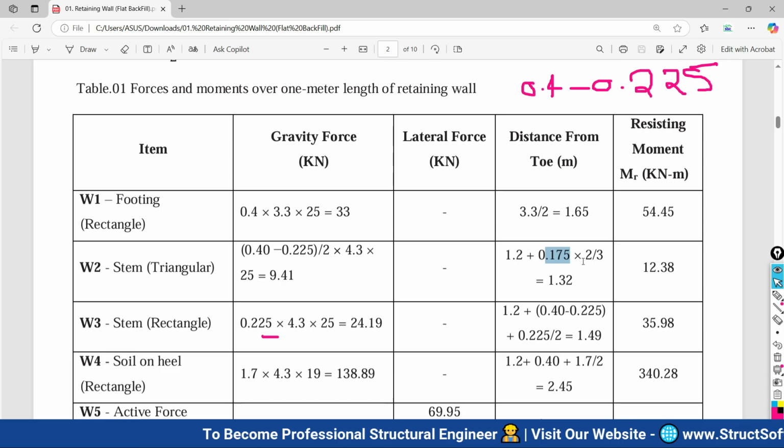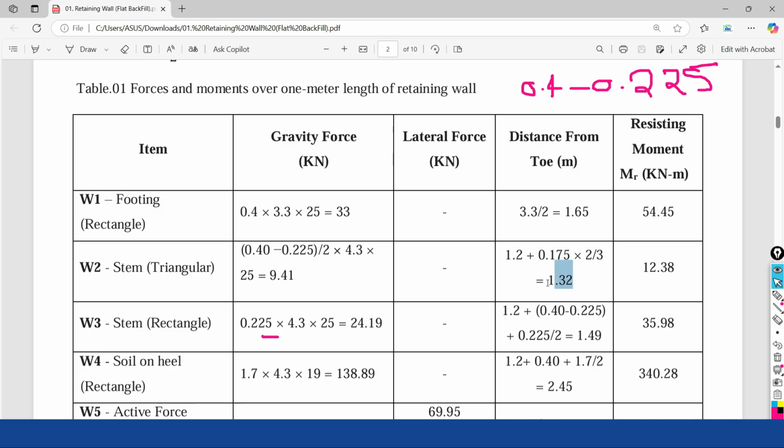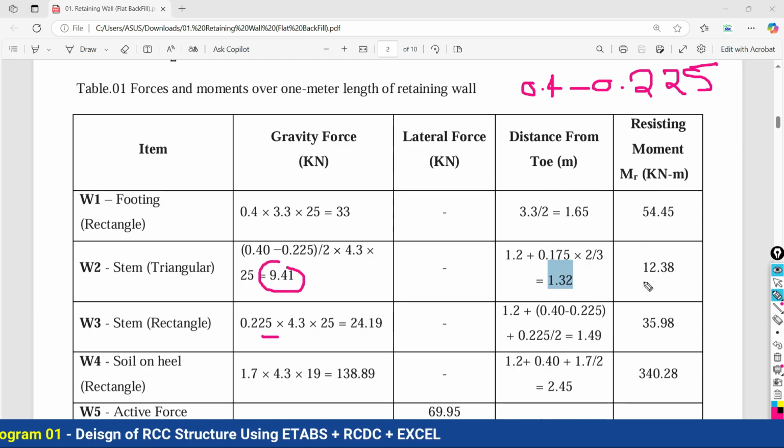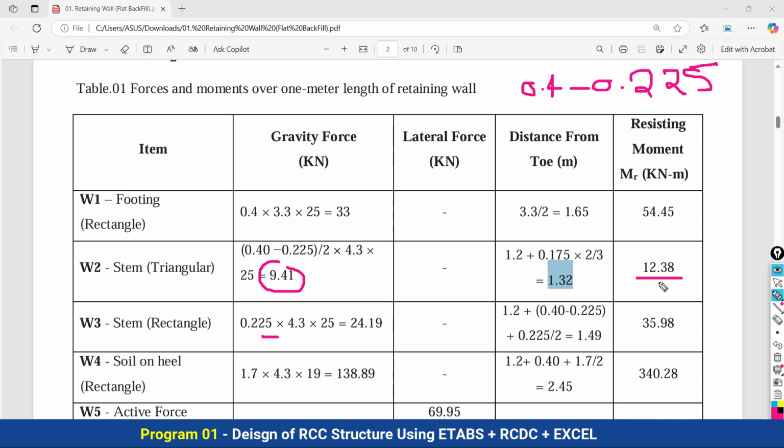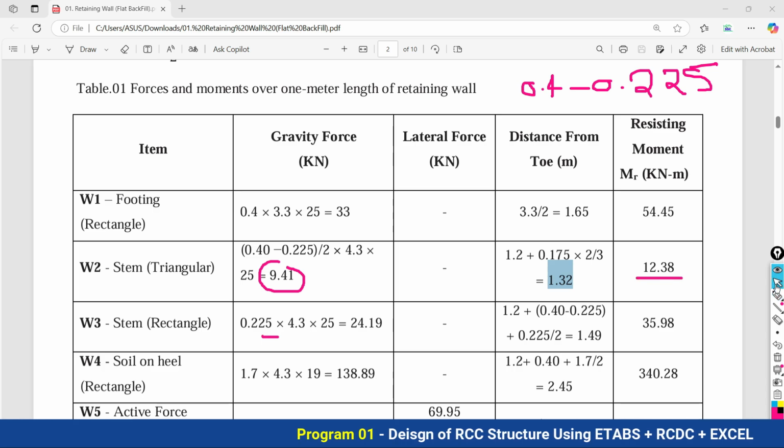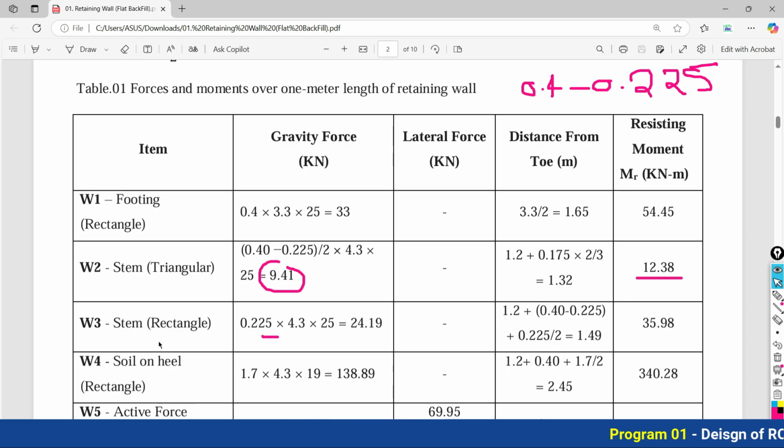Then you take it as 2 divided by 3. So 1.2 plus 0.175 multiplied by 2 by 3, and we get the centroid point from the toe as 1.32 meter. Now you multiply 1.32 meter with 9.41, and you get the moment as 12.38 kilonewton meter. So this is the triangle. Now for the same stem we have to do the calculation for the rectangle, which is very simple.